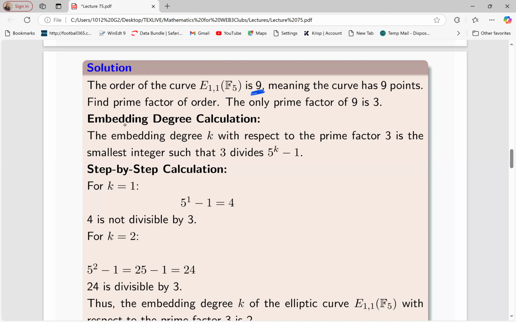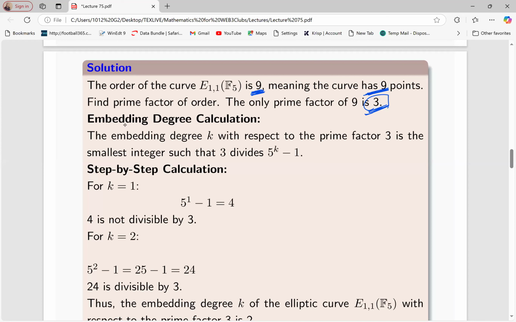In this case, we only have one prime number, which is 3, and 3 divides 9. Those prime numbers are the ones you'll be using as R, not necessarily the order, but the prime numbers that divide that order.